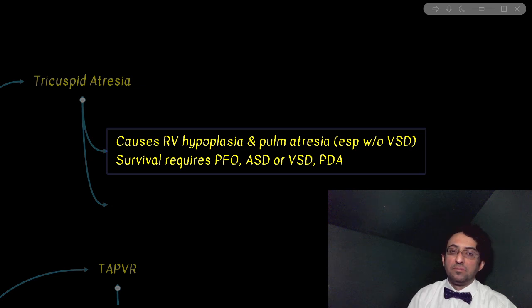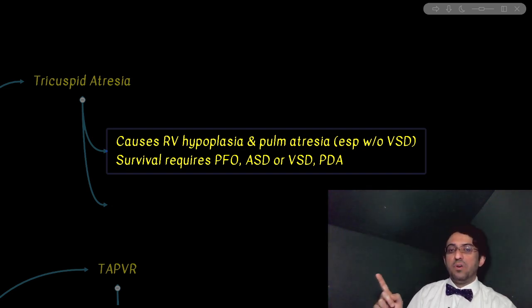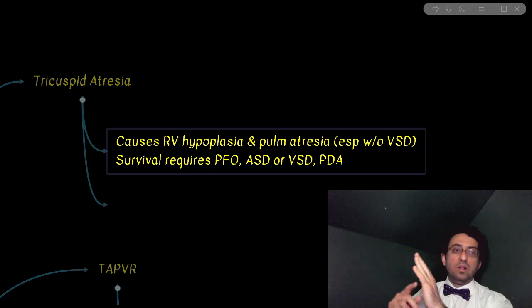Now, if there is a VSD and you are asked to analyze the directionality of shunt of PFO and VSD in tricuspid atresia, what's your answer? Well, in the PFO, it will always be moving from right to left.